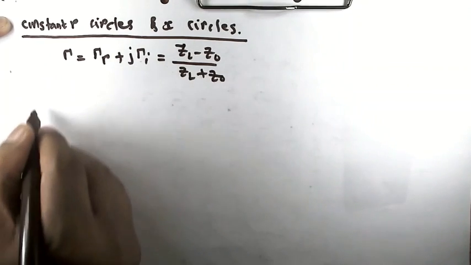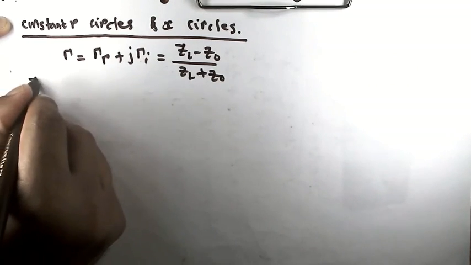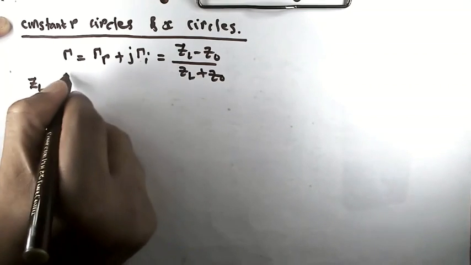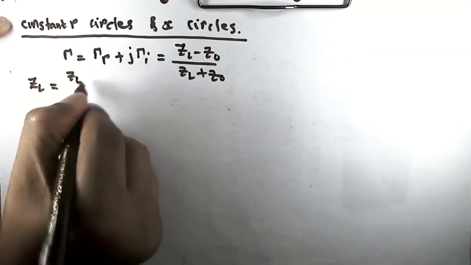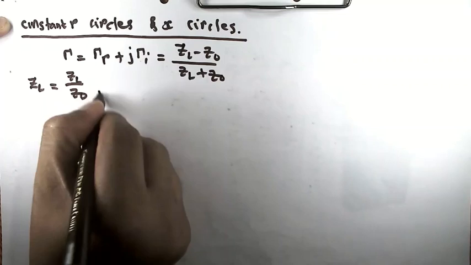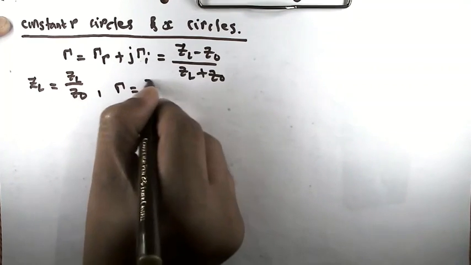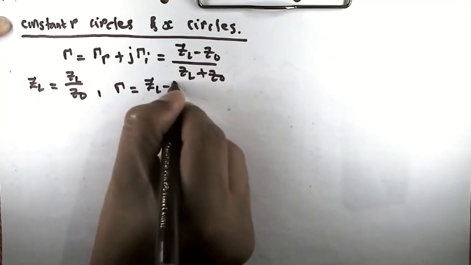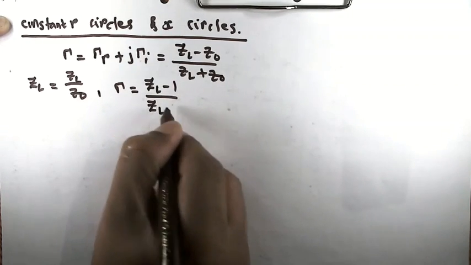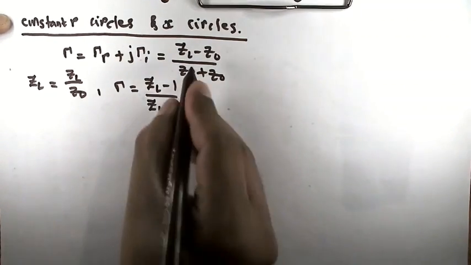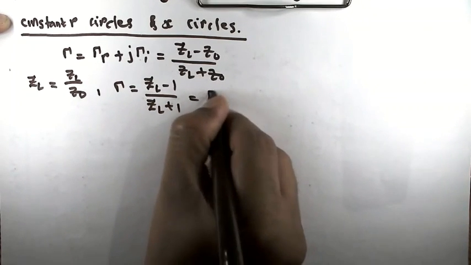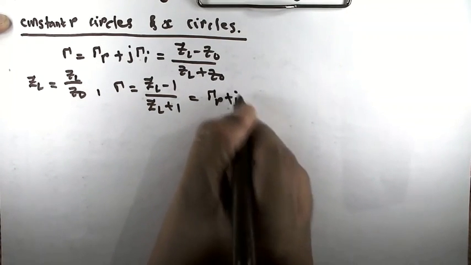If we use our normalized load impedance relation, ZL by Z0, then gamma can be written as normalized ZL minus 1 over normalized ZL plus 1, and that is equal to gamma r plus j gamma i.